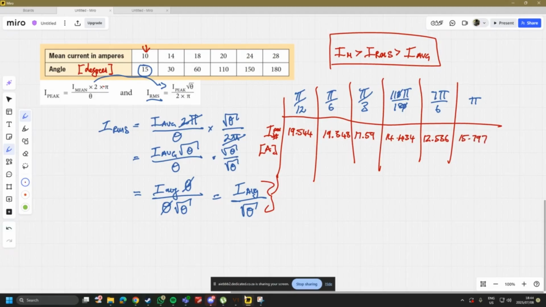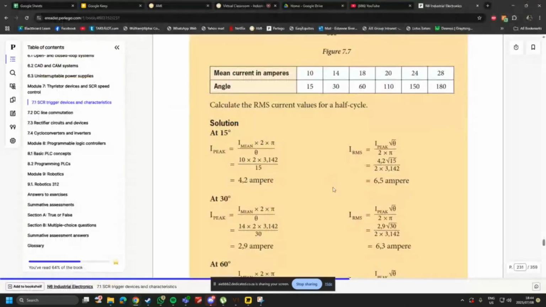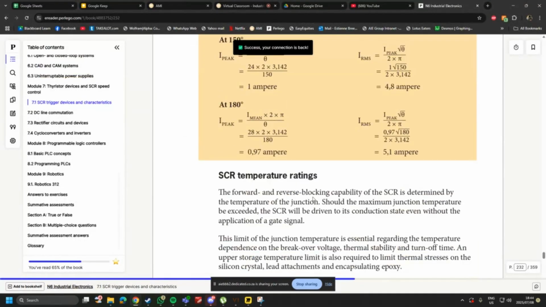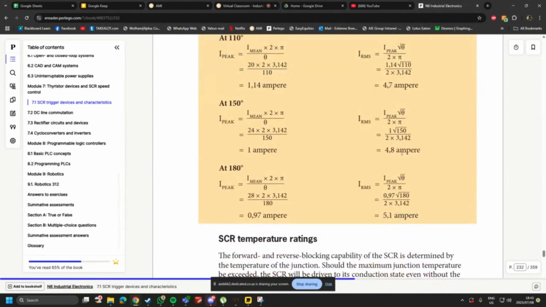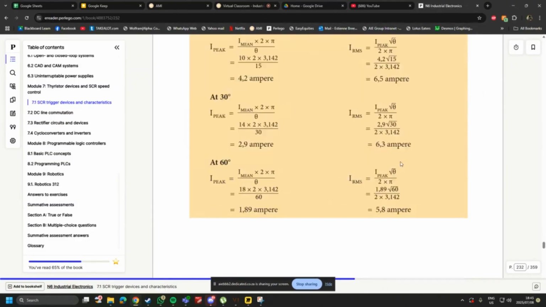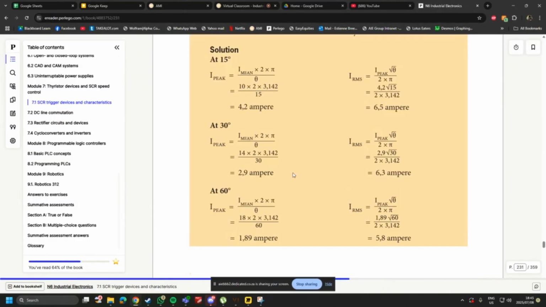Right, and I think if we take a look at the textbook, they are probably going to get almost to 0 amps toward the end here. I don't know how you can have a peak of 1 amp, but an RMS of 5.1 amp. That is physically impossible. So in any case, the calculations here are not right.